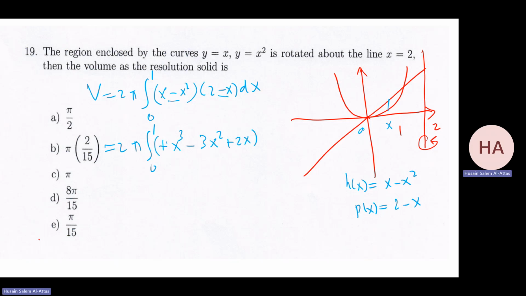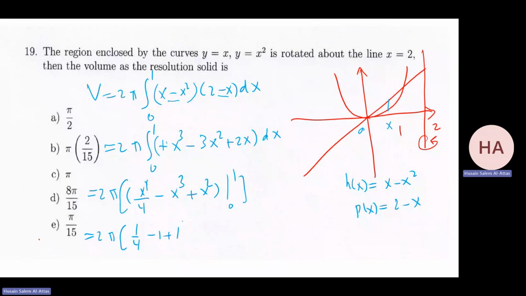That's going to be plus x cubed minus 2x squared minus x squared plus 2x dx. That's going to be 2π times x to the power 4 over 4 minus x cubed, from 0 to 1. 2π times 1 over 4 minus 1 plus 1.